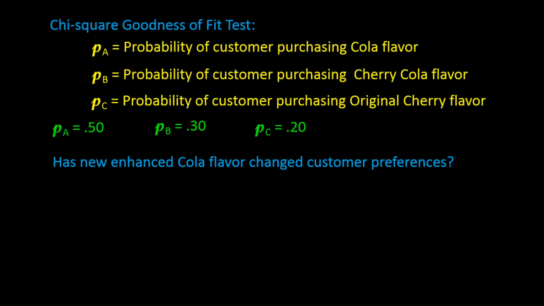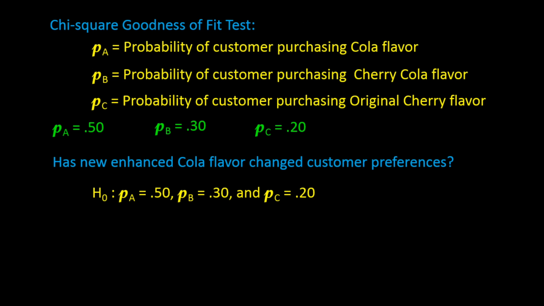The following hypotheses would be used to test if this change has occurred. The null hypothesis would be the status quo. So H0: P subscript A is equal to 0.5, P subscript B is equal to 0.3, and P subscript C is equal to 0.2.